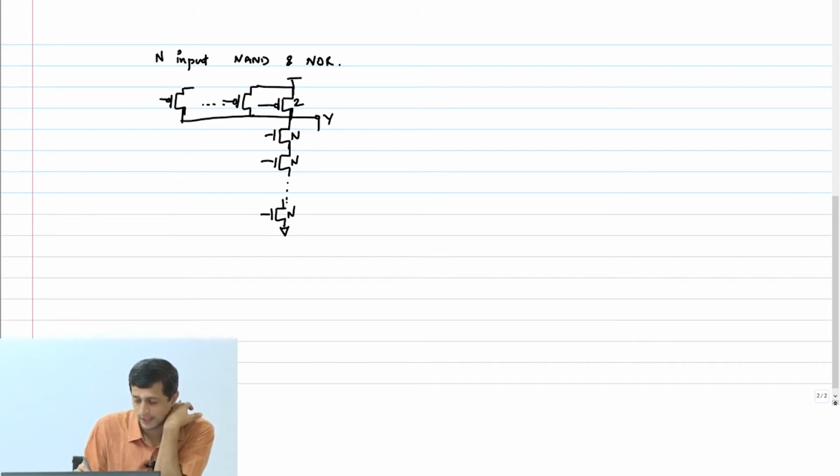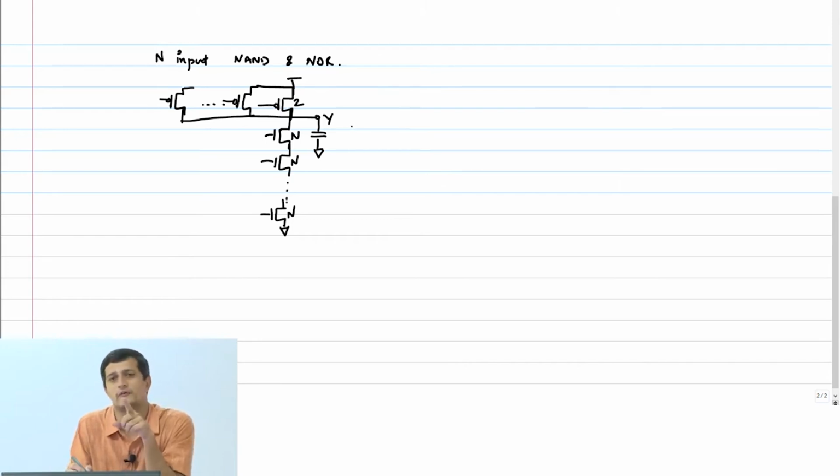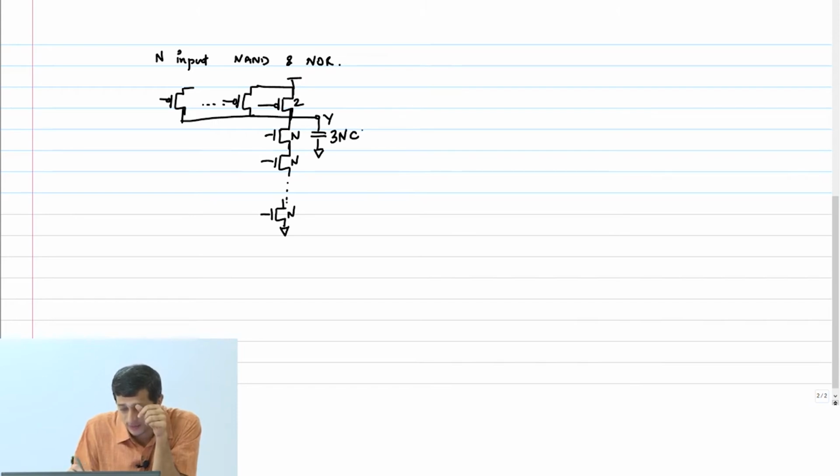Y. So the net capacitance here is how much? 3N. 3N into C, right? 2C coming from each of the N PMOSes and NC coming from the top NMOS. So you get 3NC.